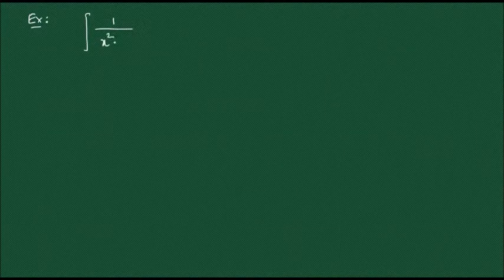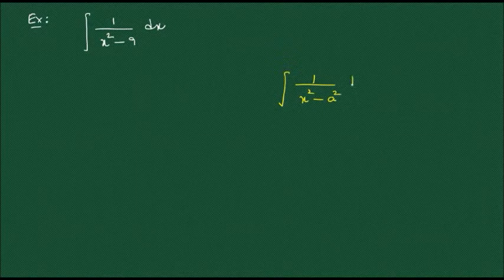We do some examples based on these special formulas. Example: integration of 1 by x square minus 9 dx. Now it looks like the form integration of 1 by x square minus a square dx.